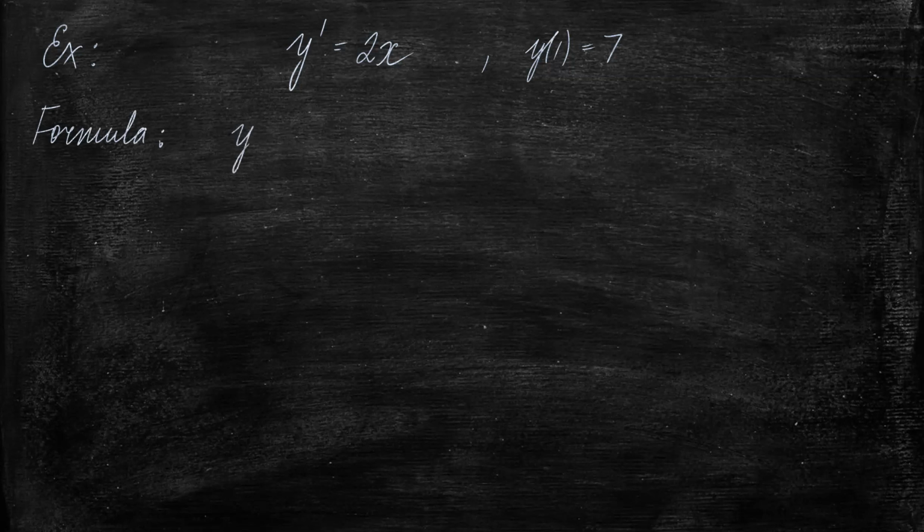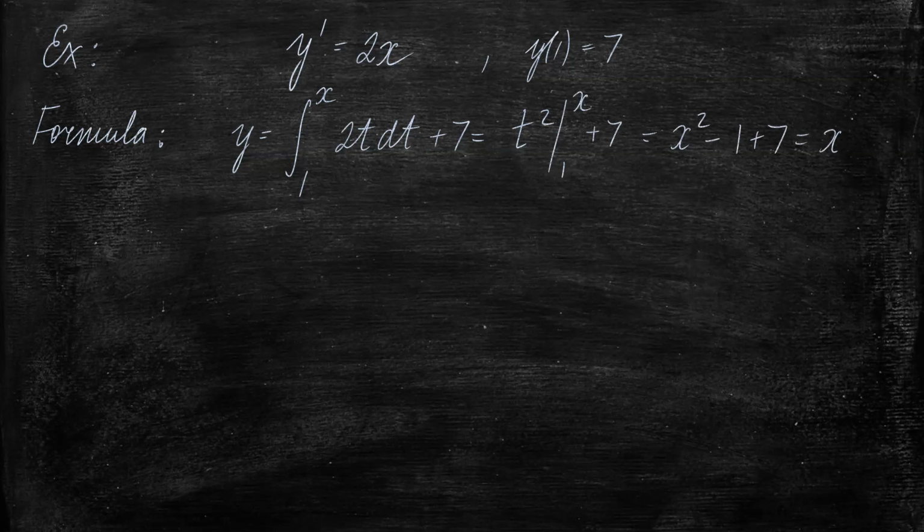So y is equal to the integral from x0 to x of 2t dt plus 7. So what do we get? T squared from 1 to x plus 7. So x squared minus 1 plus 7, which is x squared plus 6.